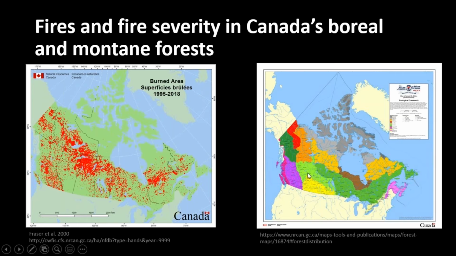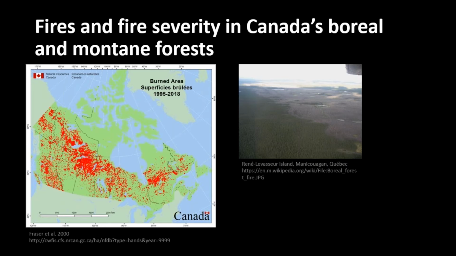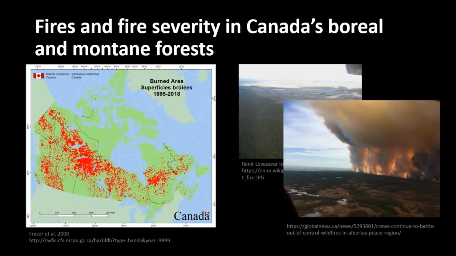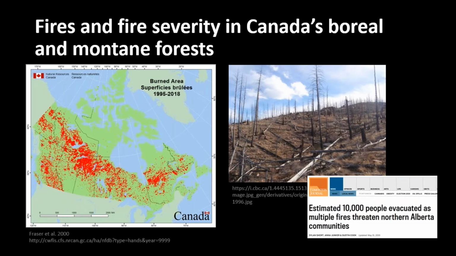These are the other greens here, and the taiga forests on the top, yellow and orange. So it is a very common disturbance in Canada, as you can see from the burned area map on the left.